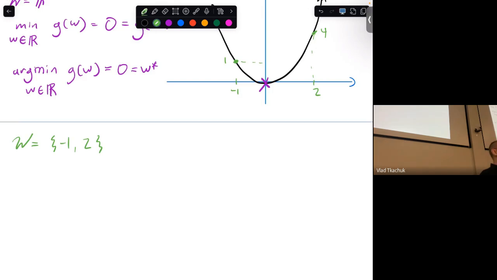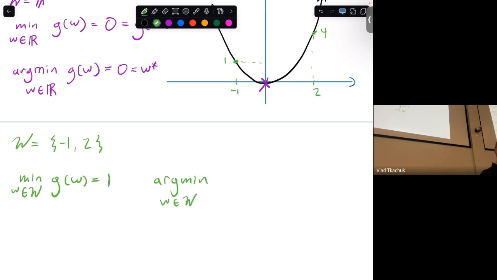And so now clearly the minimum is going to be different. So the minimum over w in this new set, -1 and 2, of g of w now becomes 1. And so now we actually get a different argmin.